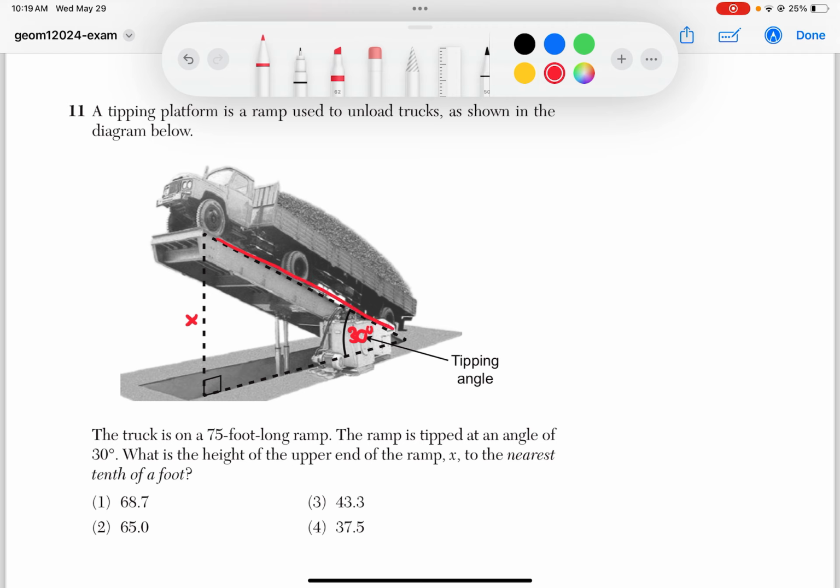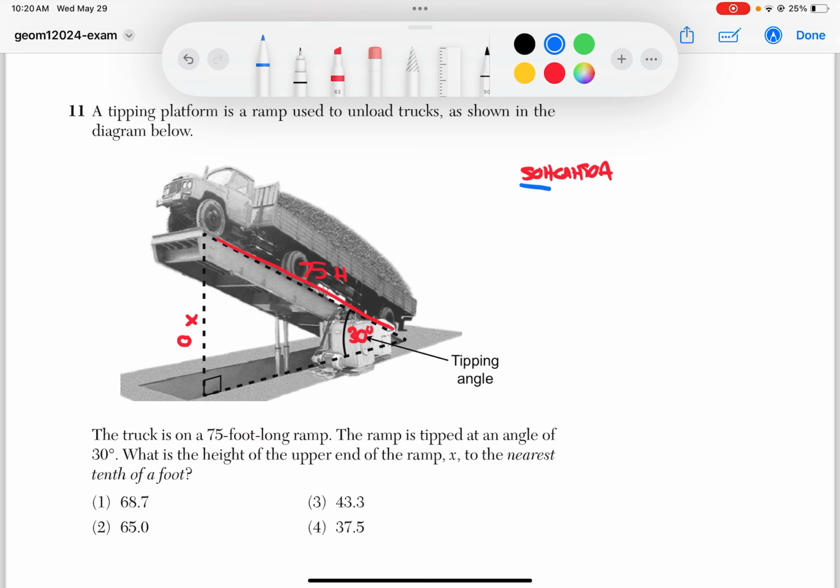So that's the ramp, so it's got to be 75. And hopefully he recognizes also SOHCAHTOA.